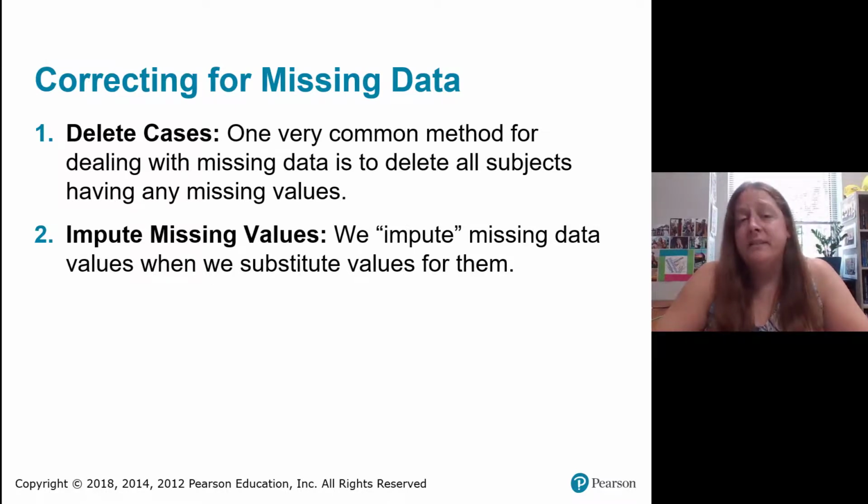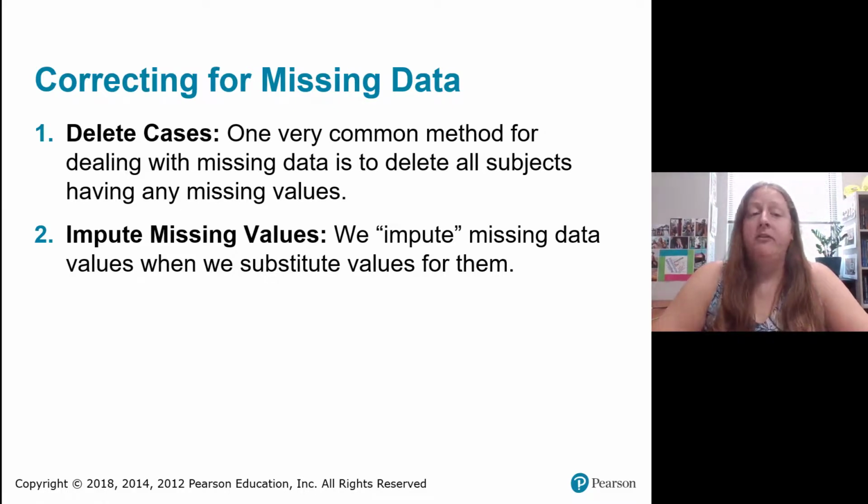So when we have missing data, since we can't really necessarily interview the person to find out all of the psychology behind the missing piece of data, we determine whether it's missing at random or not. And we decide how to deal with it, how to correct for it, based on what we learn in that analysis.